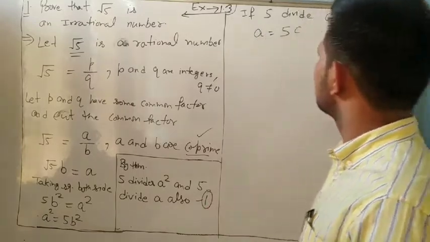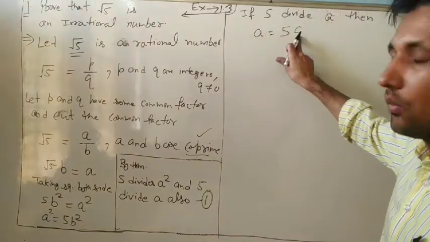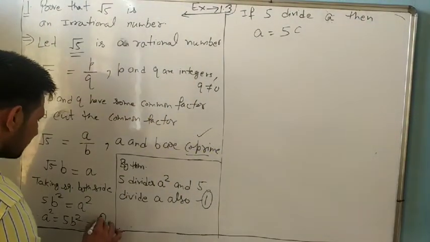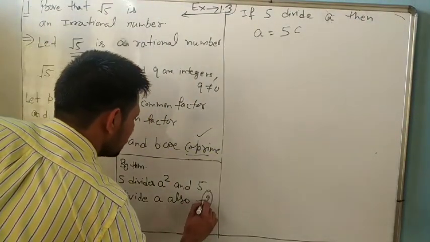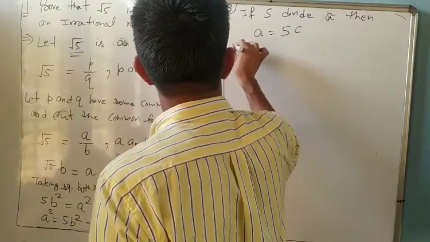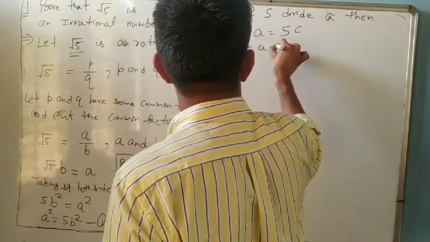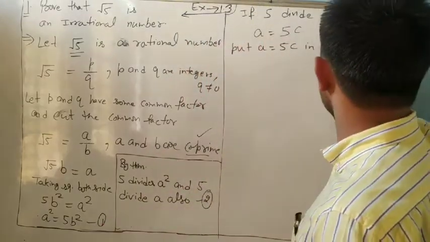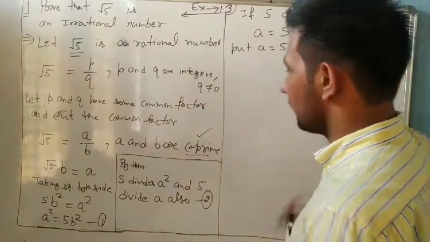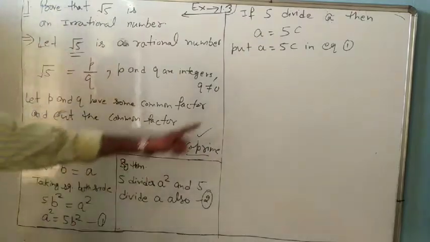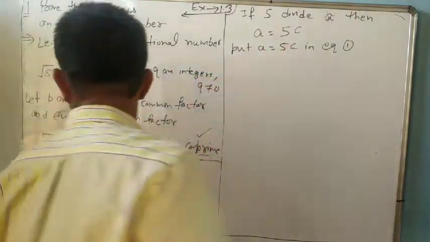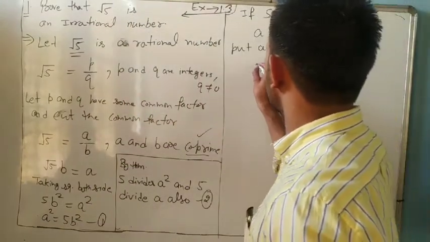Okay, next a equals 5c, it is equation 2. Look at now, put a equals 5c in equation 1.